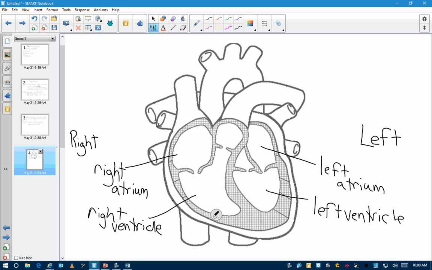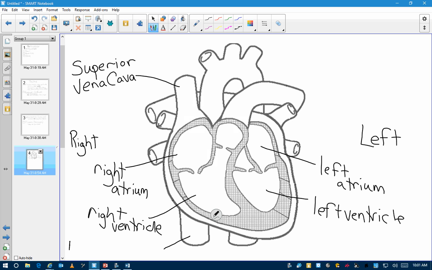Okay, so outside of the heart, you're going to have some blood vessels that are connected to it. So this is one of those blood vessels, and this is one of them. Okay, so these are new words that will stress you out. Superior Vena Cava. Yeah, so we've learned those terms superior and inferior. Superior means higher, inferior means lower, right?